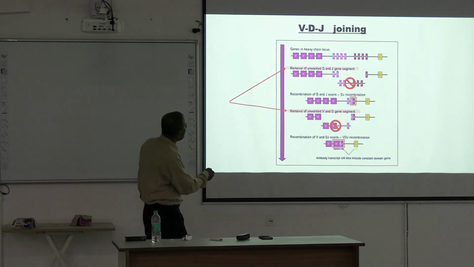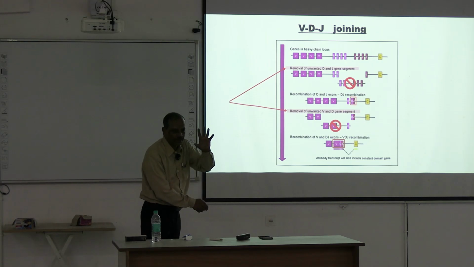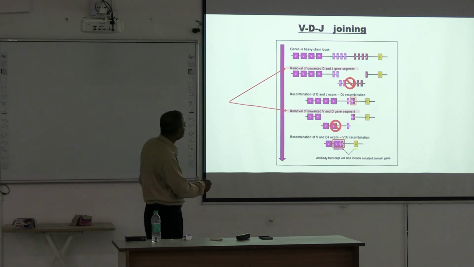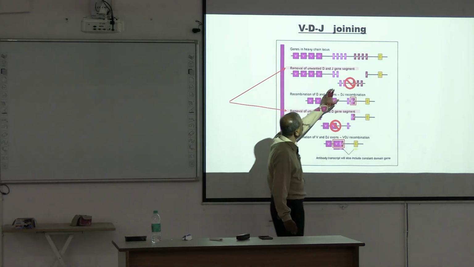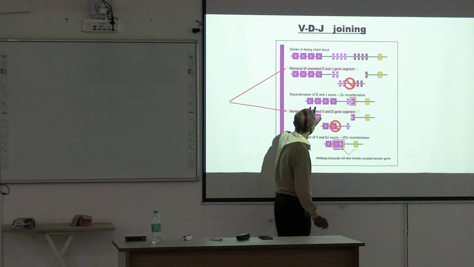So we are now removing this part, these 2 D and 2 J, for the creation of one antibody. So removal of unwanted D and J genes. Look, I am cutting the D and I cut the J, okay? If this cut part is deleted, now what structure will we get?